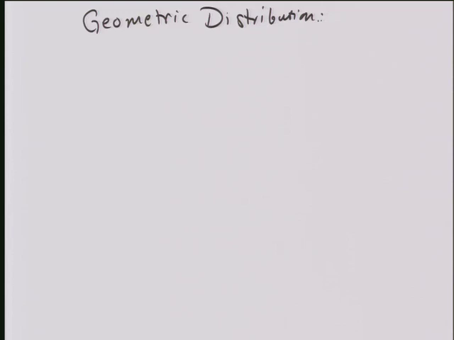Geometric meaning, think of it as a geometric series. Right? Okay, so what's the geometric distribution? It's basically you're tossing a coin. So you have a coin, probability of heads equal to p, 1 minus p equal to q. And now what you want to know is how long do you have to wait?